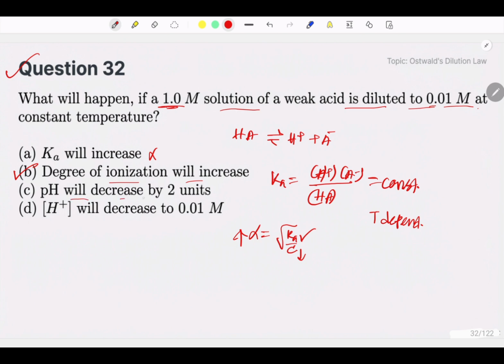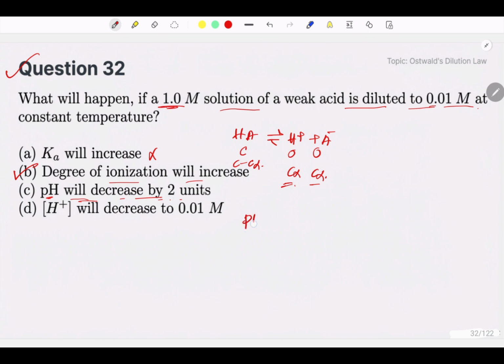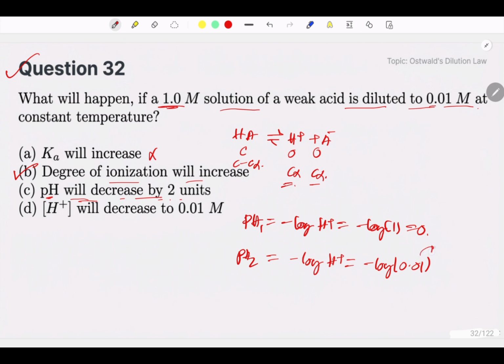The pH will decrease by 2 units. Let's discuss this. Initially pH1 is minus log of the concentration of H plus, minus log 1, which is equal to 0. Now pH2 is minus log of H plus, that is minus log of 0.01, which is 10 to the power minus 2.